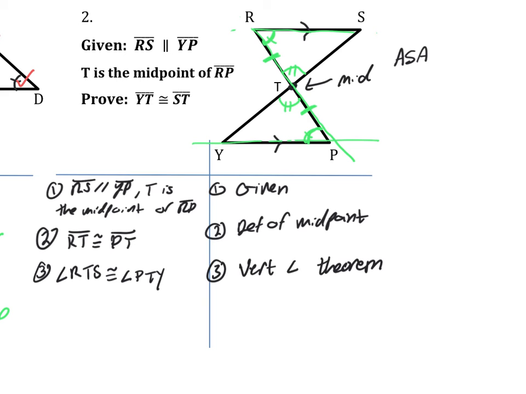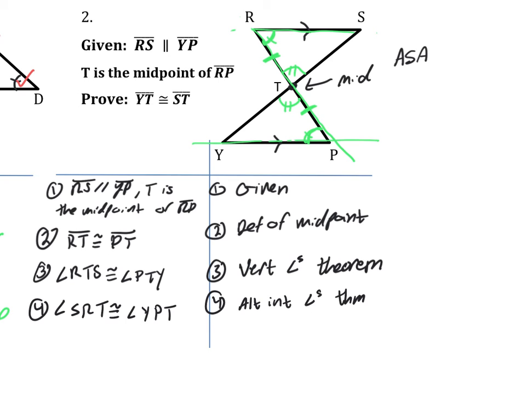The last thing I knew was that angle SRT was congruent to angle YPT, and I knew that because of the alternate interior angles theorem. That should be plural there. The alternate interior angles theorem tells us that alternate interior angles are congruent.